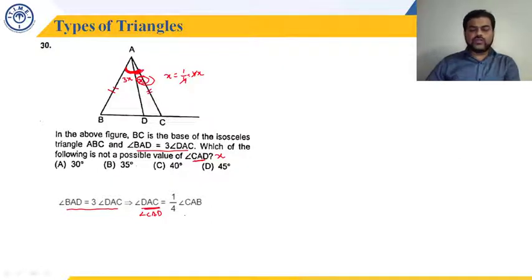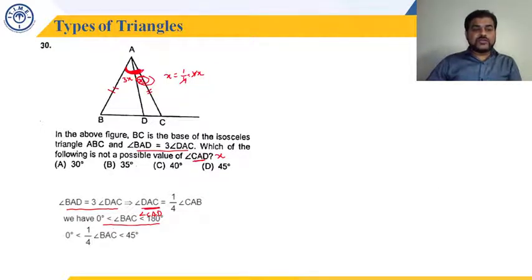Okay. So then, can we say this angle BAC will lie between 0 degrees and 180 degrees? Isn't it? This angle will lie between 0 degrees and 180 degrees for sure, because any angle in a triangle ABC must be less than 180 degrees. If that is the case, angle BAC lies between 0 degrees and 180 degrees. So I'll multiply this throughout by 1/4.